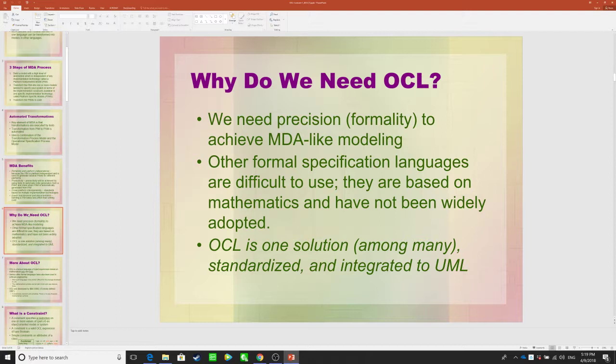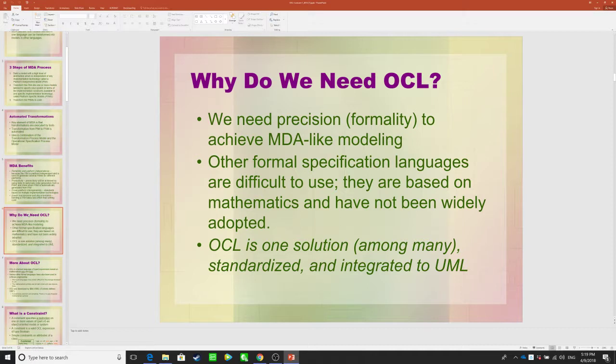Okay, so OCL, compared with other formal specification languages, which are difficult to use, since they are based on mathematics and have not been widely adopted. So this actually implies OCL is kind of easy.